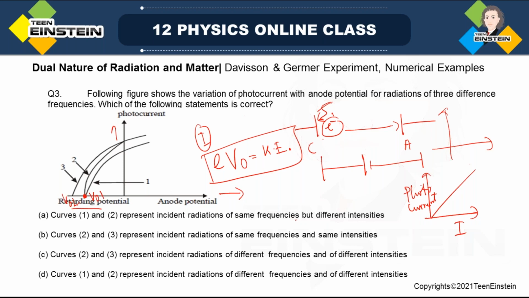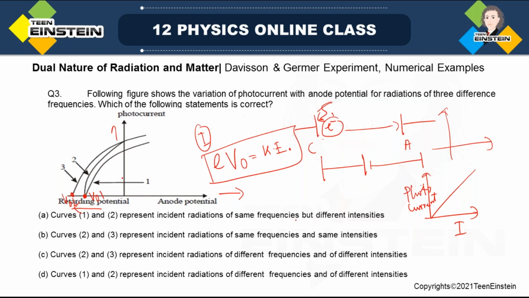Retarding potential means you are applying opposite polarity of the accelerating potential, decreasing the accelerating voltage. And where the photocurrent becomes zero, that is called the stopping potential. So we can see there are two stopping potentials.